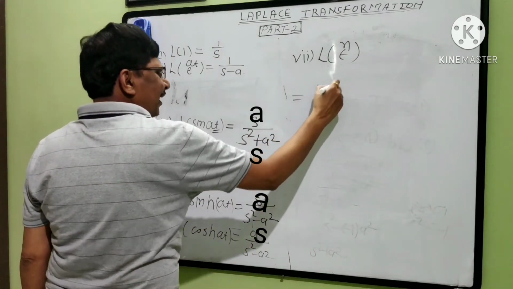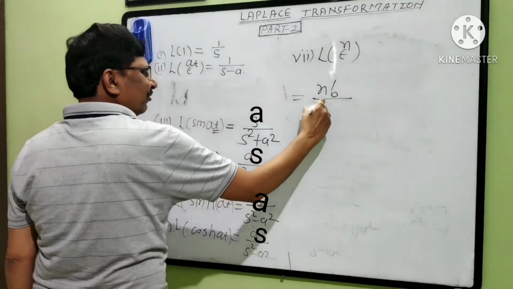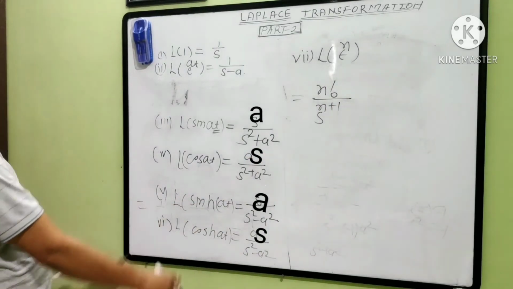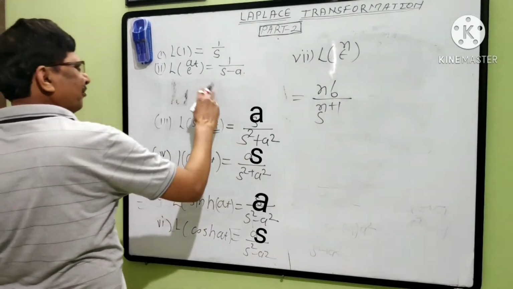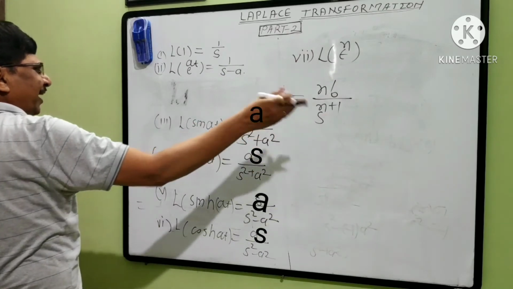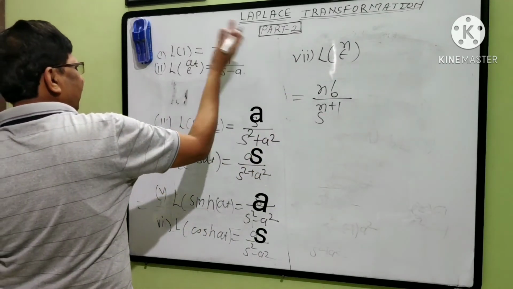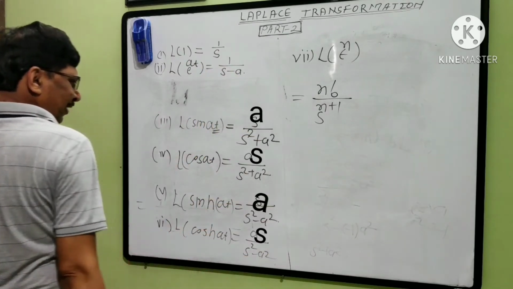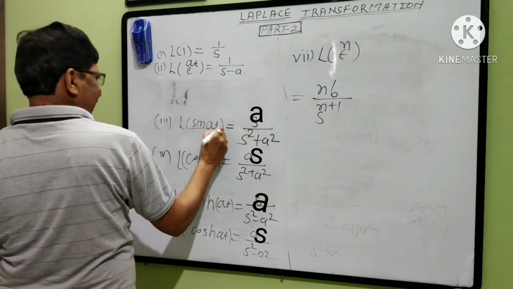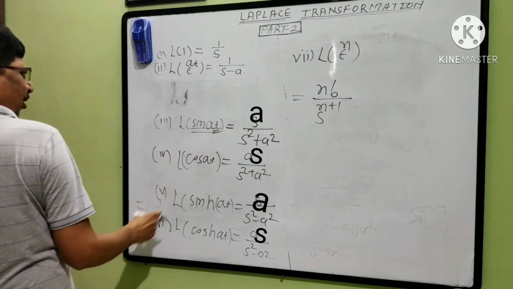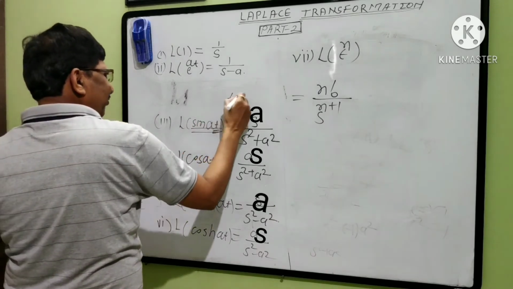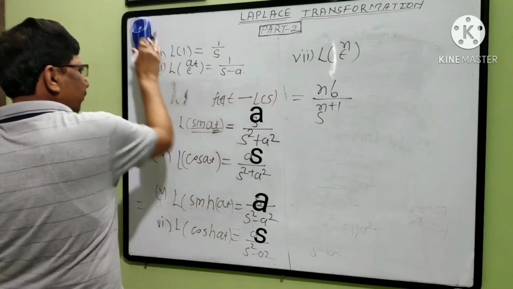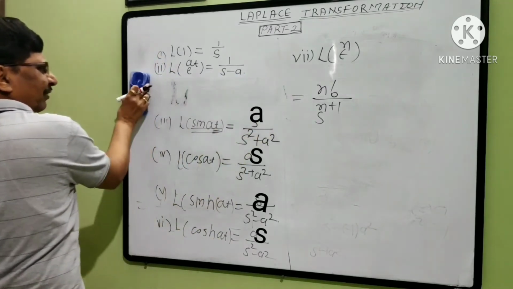That is n factorial upon s raised to n plus 1. Function of t will convert into s. The Laplace transform answers are in terms of s, and we are finding the Laplace transformation of a function of t, means t is converted into a function of s. That is important.